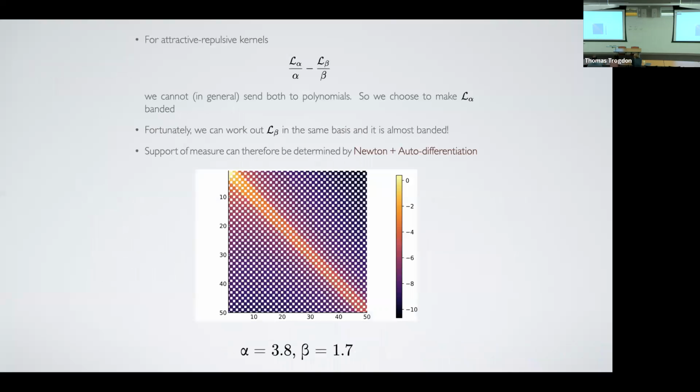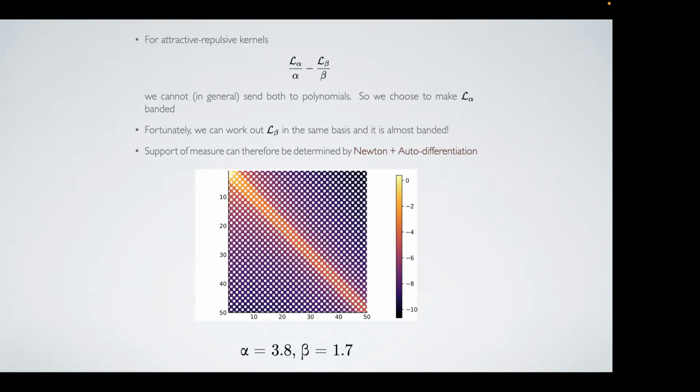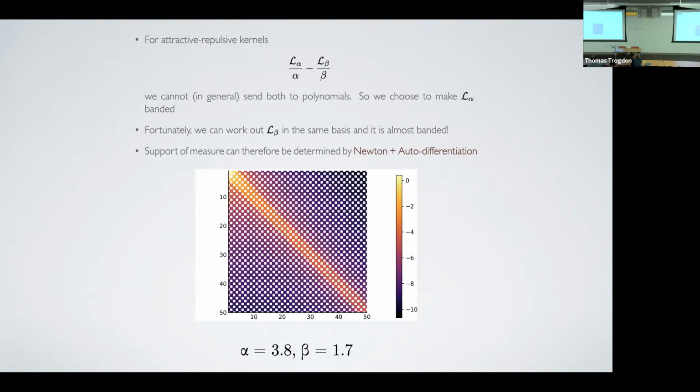But now we actually have two different values, alpha and beta, and as far as we know, you can't simultaneously handle both. If we choose lambda based on alpha, beta will not map polynomials to polynomials, and vice versa. For reasons that I guess Timon knows, we choose one of them, I think because it's the larger one.